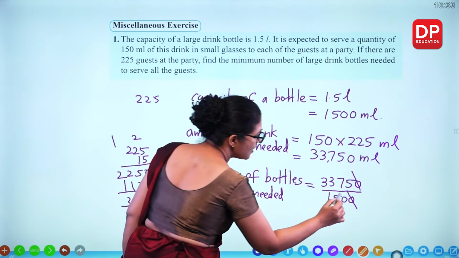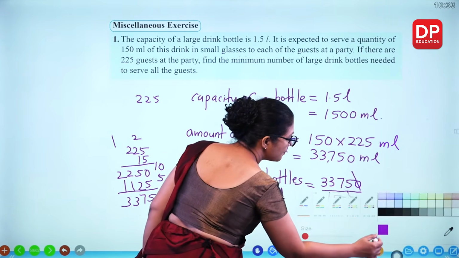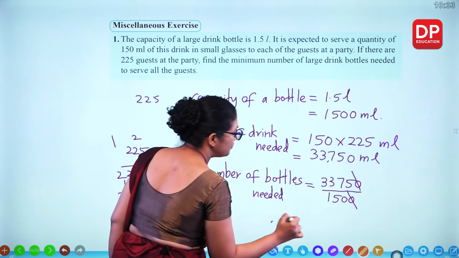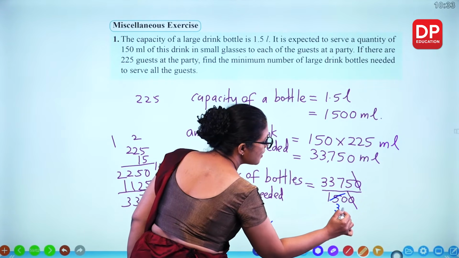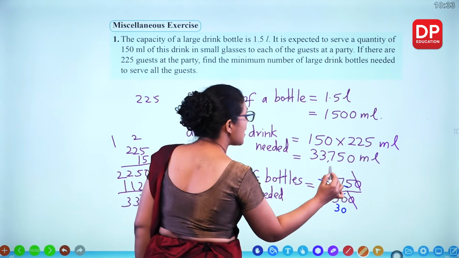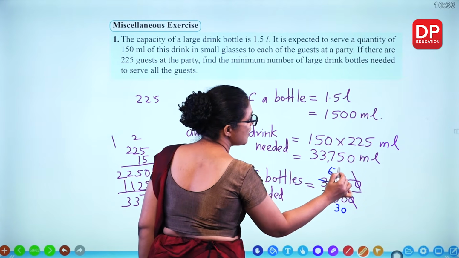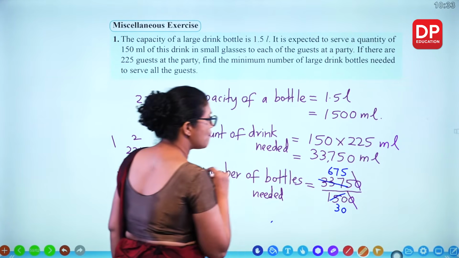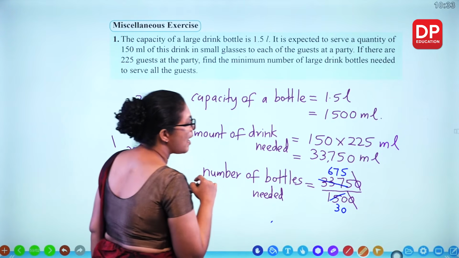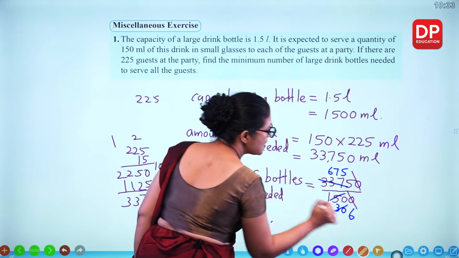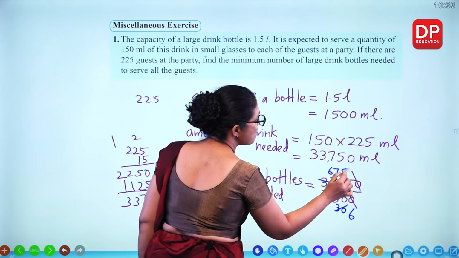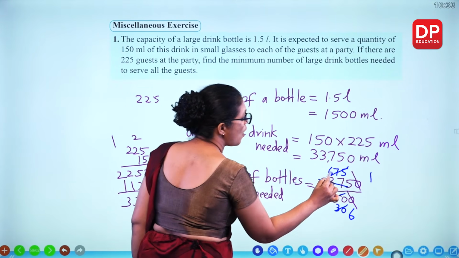Divide by 5. 5 times 6, 30. 37. 5 times 7, 35. And here 5. Again divide by 5. 5 times 6. When you divide by 5, 5 times 1.